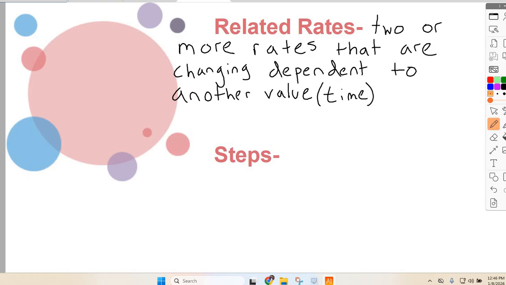And like I said, most of the time what the rates are going to be changing according to is going to be time.